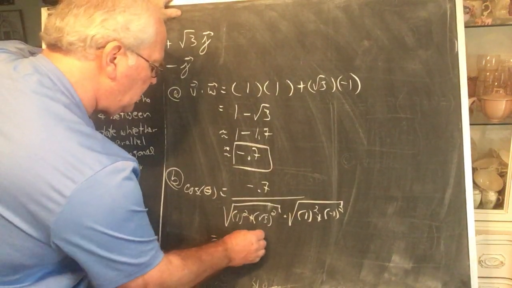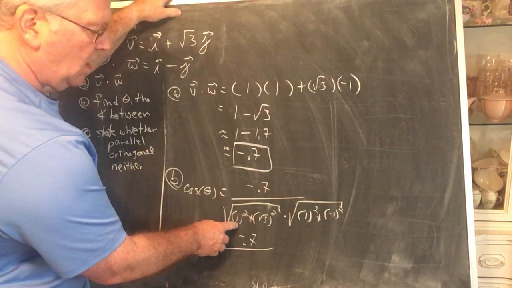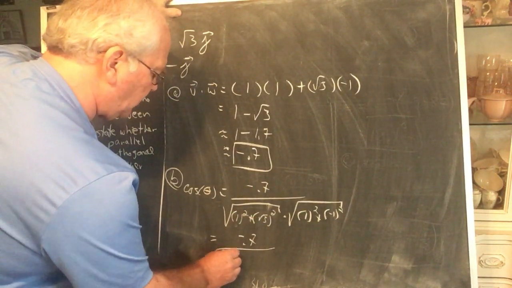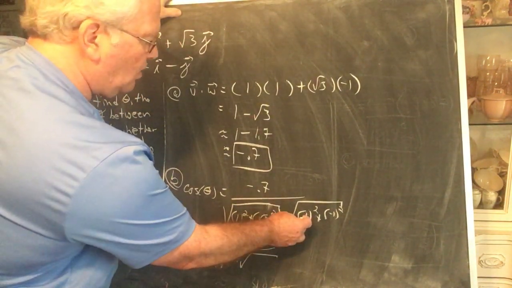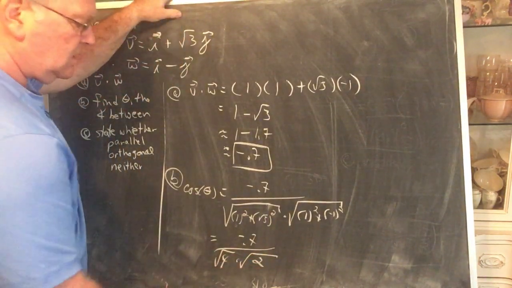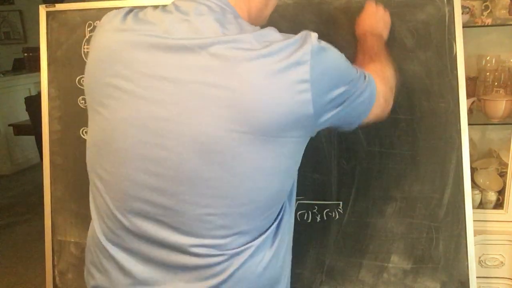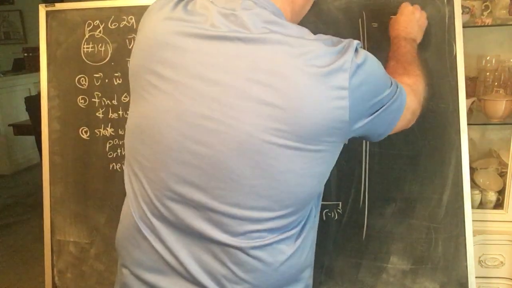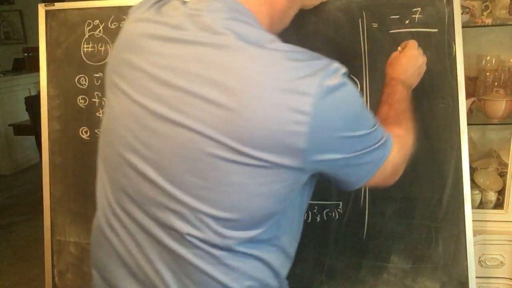That's negative 0.7 over, 1 squared is 1, radical 3 squared is 3, so that's the square root of 4, times the square root of 2. So this is 2 square roots of 2, which we can write as the square root of 8.